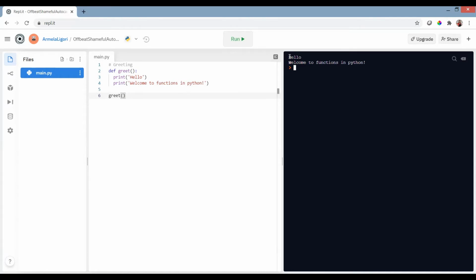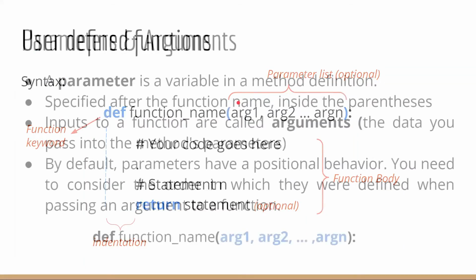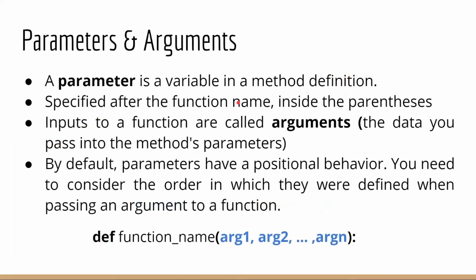Python. Okay, now that we finished with our very first simple example, we can continue with something else. Okay, here we have parameters and arguments. Remember just the things that we ignored a little while ago. Okay, it says there that a parameter is a variable in a method definition.